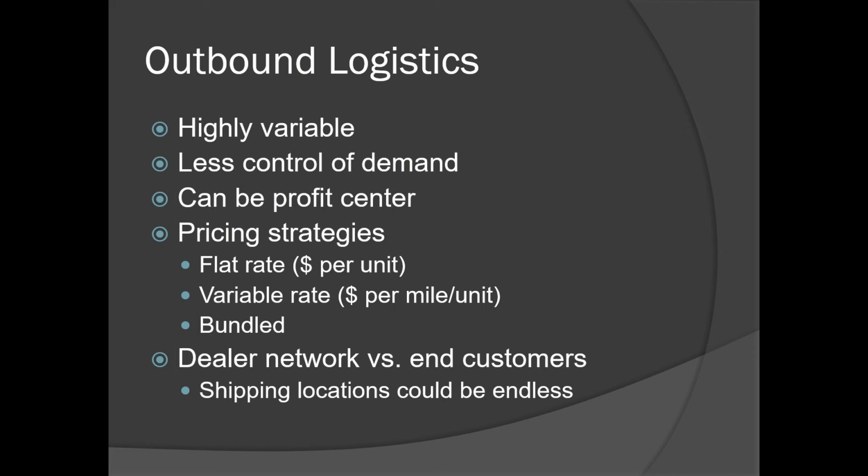When you call to schedule a delivery for an individual customer at their house, it's a completely different conversation. Like, well, I don't know if I could be in on Tuesday. Let me check my schedule and see if I could be home to pick up the delivery, right? So the complexity and the work that goes into delivering directly to end customers is exponentially higher than dealing with dealers. And obviously your network could be every home in America, right? Which is kind of daunting to think about.